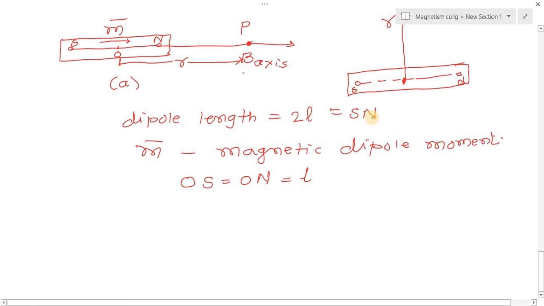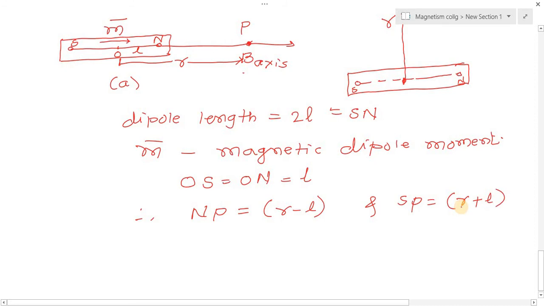Okay. So here, therefore, if I find out the distance NP, then see, ON is l, the total distance is r, then it becomes r minus l. And similarly, if I find out the distance SP, then it is r plus l.